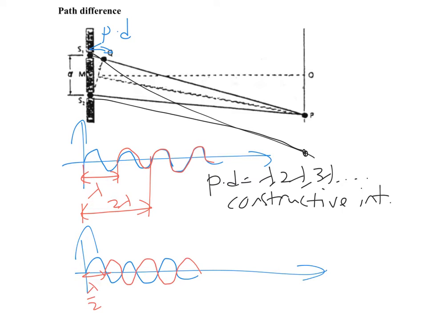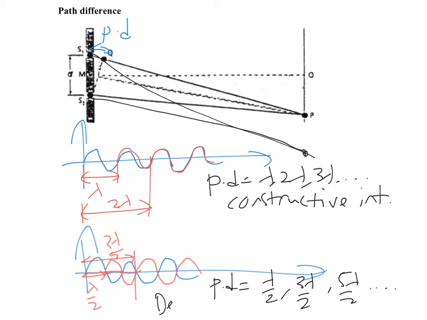And if we take a point further away, and the path difference is now equivalent to 1.5 wavelengths, which is 3 lambda over 2, then when it meets the wave from S2, will you get constructive or destructive? Destructive as well. So the conclusion is, if the path difference is equal to half a wavelength, 3 lambda over 2, 5 lambda over 2, and so forth, you will get destructive interference.